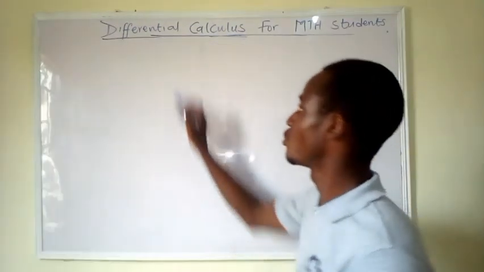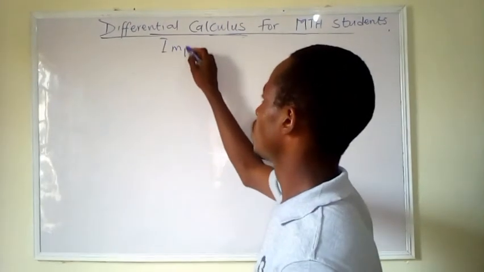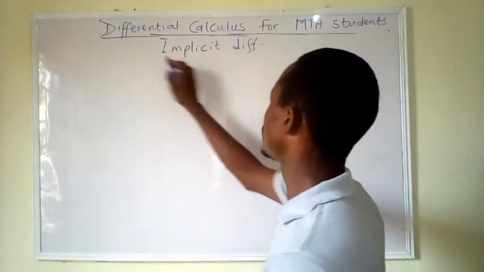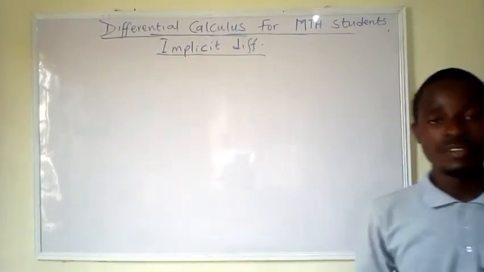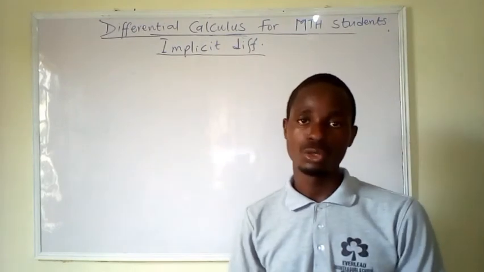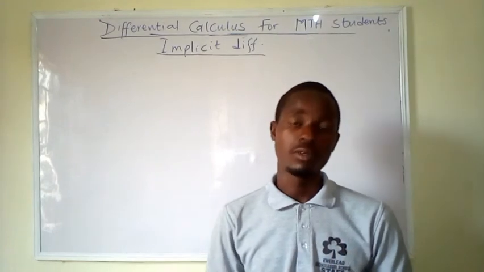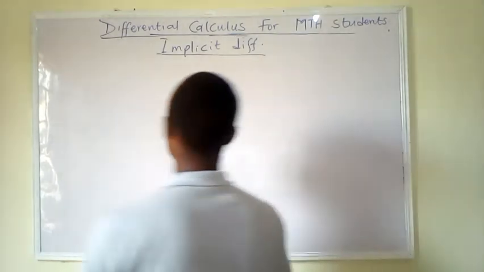Implicit differentiation. So what do I mean by implicit? The derivatives we've been finding all through from the beginning of this video to this point are explicit functions. So we can also have implicit functions.